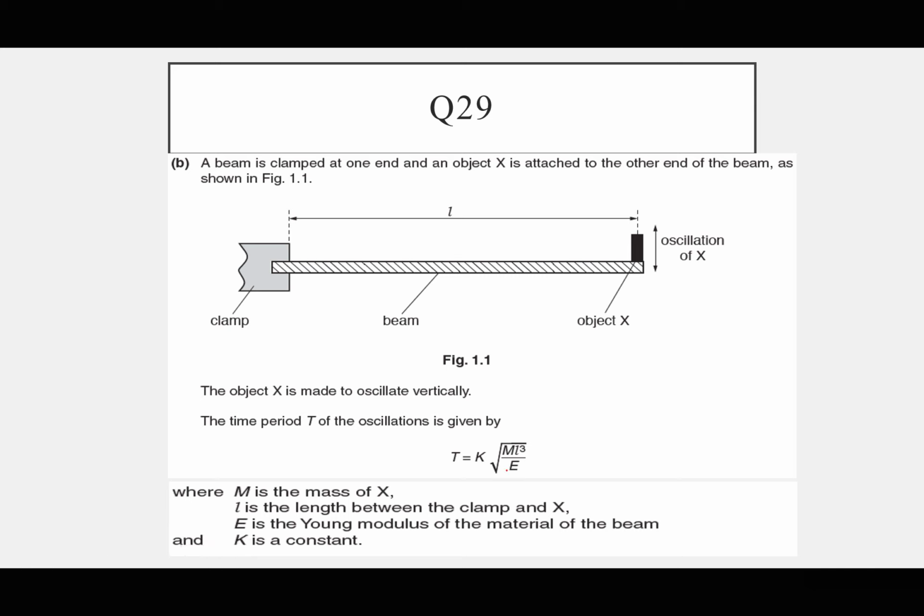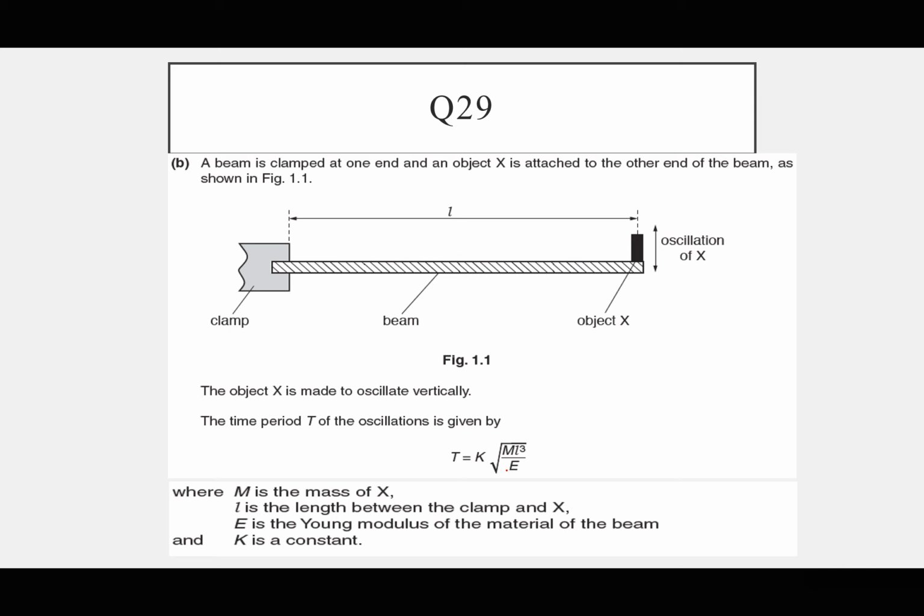So they have given us the time period T is equal to K square root of M L cubed over E. M is the mass of X, L is length, and E is the Young modulus and K is a constant.